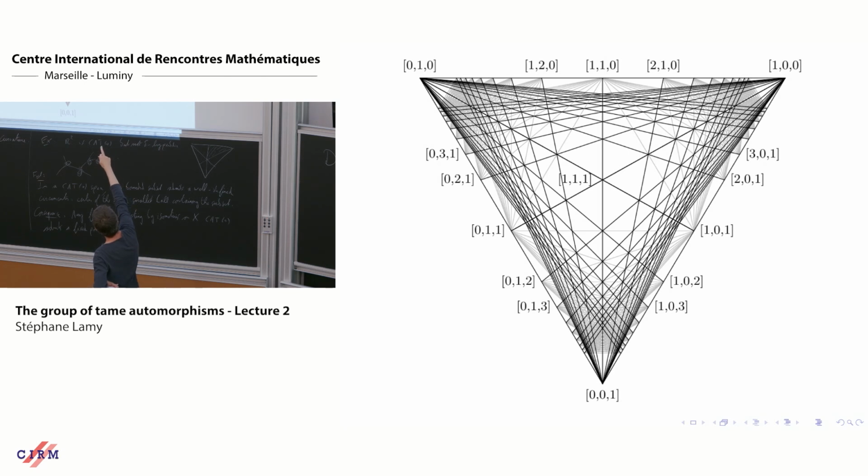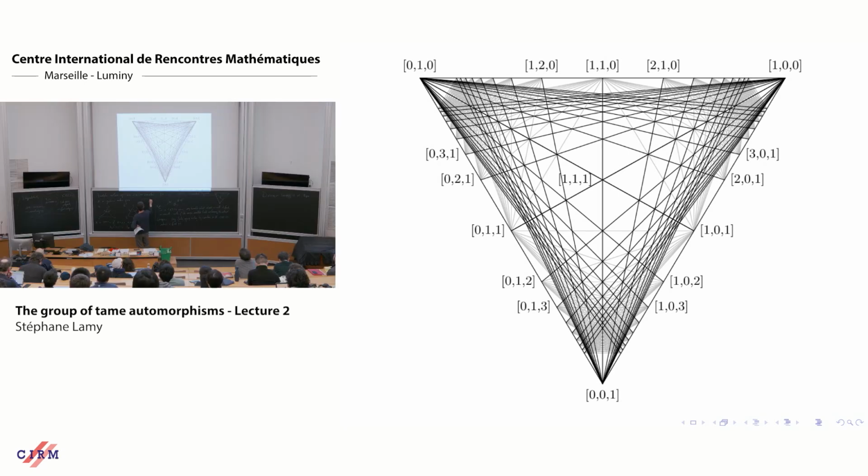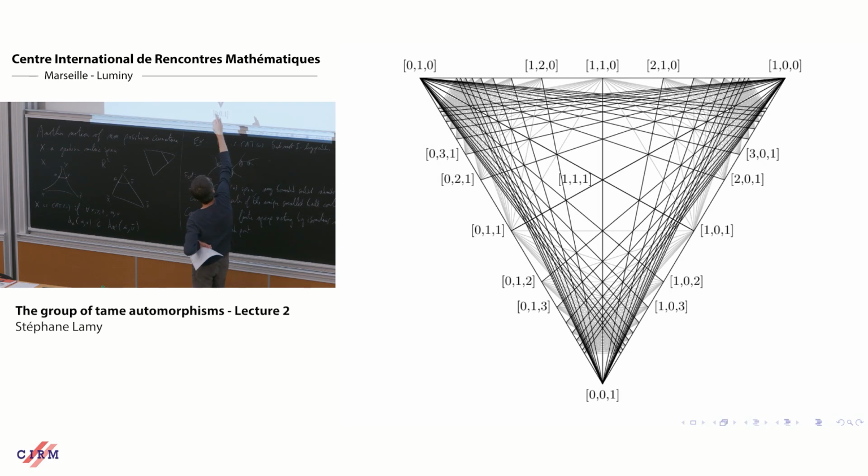From 210 to 301, for example. You see a lot of these lines, and also there is a special line like that, and a line like that. Along each of these lines, you have infinitely many branching apartments with something in common, which goes to infinity.